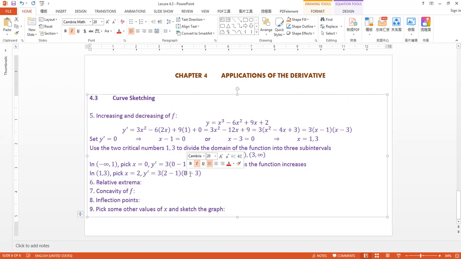We just plug in 2 for x. So 2 minus 1 is +1, 2 minus 3 is -1. So we get 3 times +1 times -1, that's -3. So it's negative, so the function is decreasing.